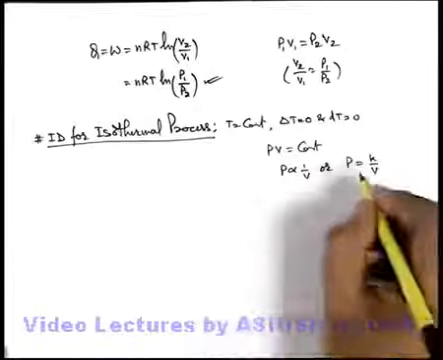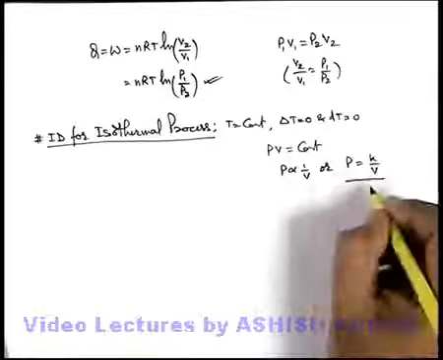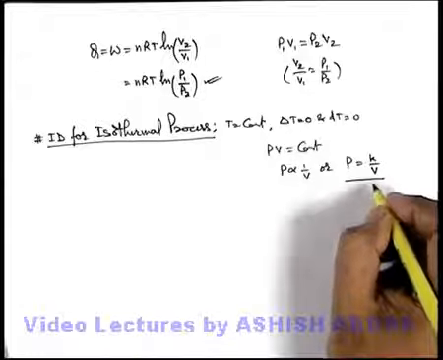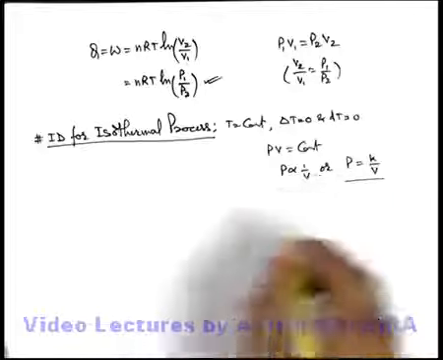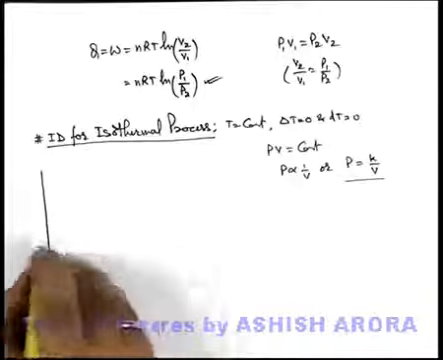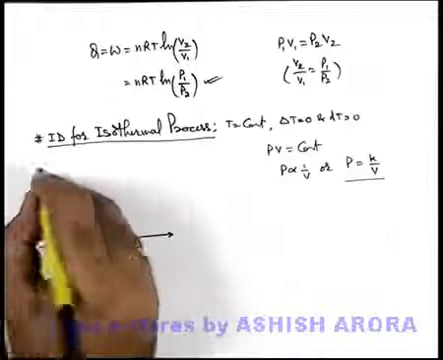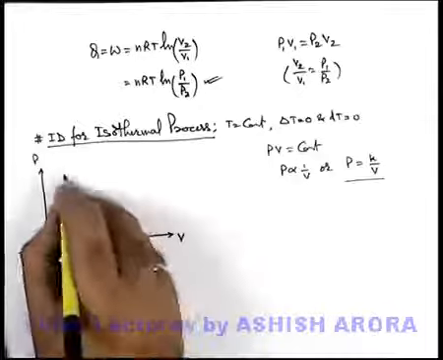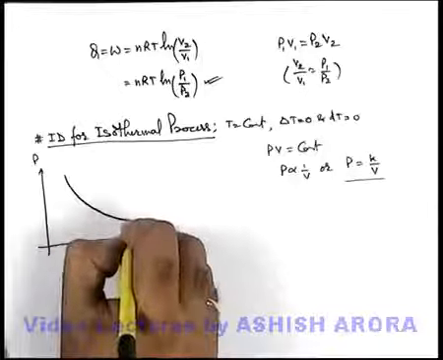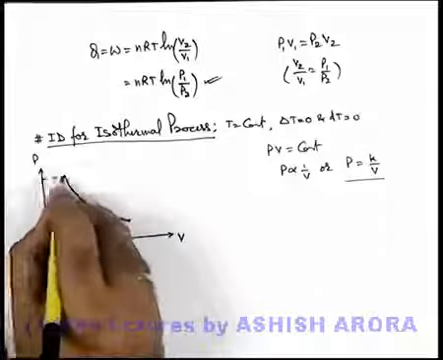So we can write pressure is inversely proportional to V, or P is equal to some constant by volume. So if we plot the PV curve for a given isothermal process, this will be a rectangular hyperbola because it is an inverse proportionality curve. The curve will look like a symmetrical curve for x and y axis both.